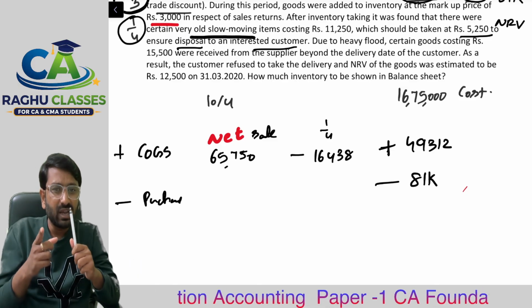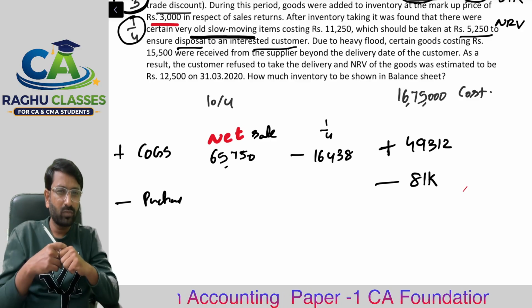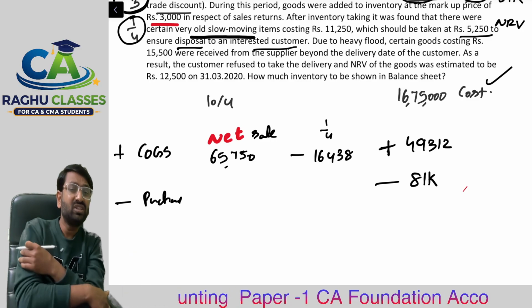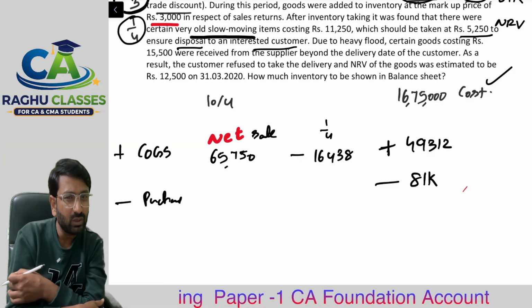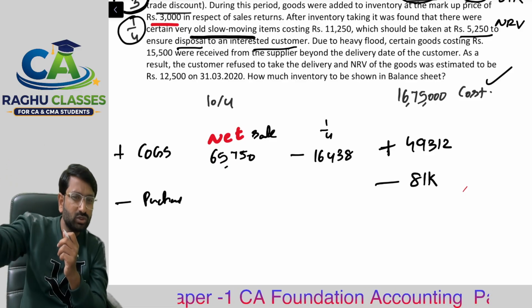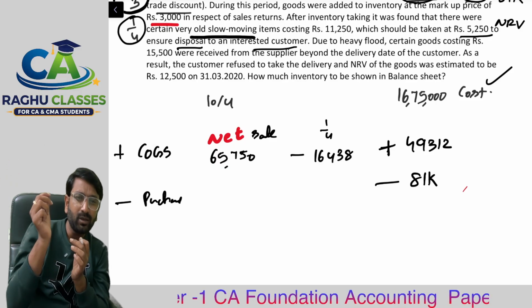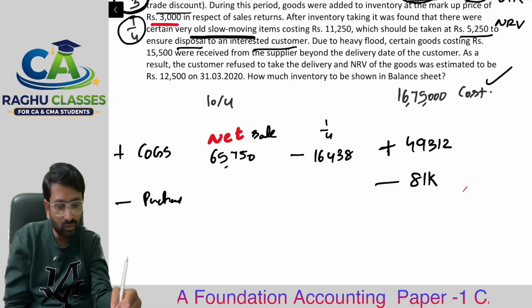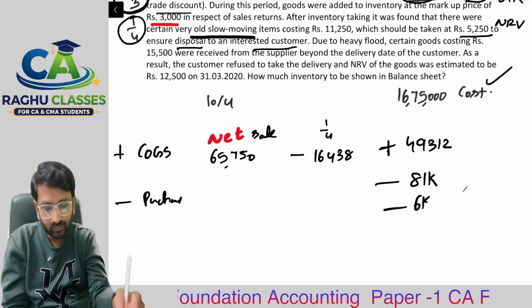So cost is 11,250. So you've valued at cost only now. But this item I should take at 5,250 because NRV is lower. So from 11,250, I should bring the item to 5,250, which is what is the difference? 6,000 rupees I'm going to remove.